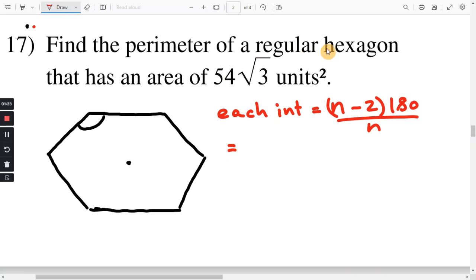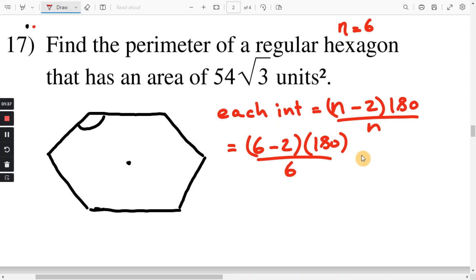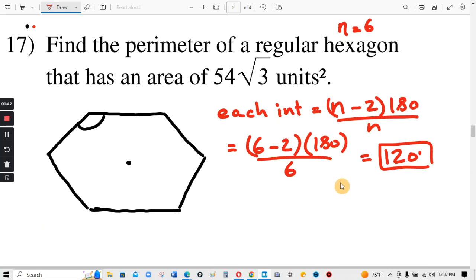For a hexagon, n equals 6. So we're looking at 6 minus 2 times 180 divided by 6. We'll do this on the calculator, and I get 120 degrees.